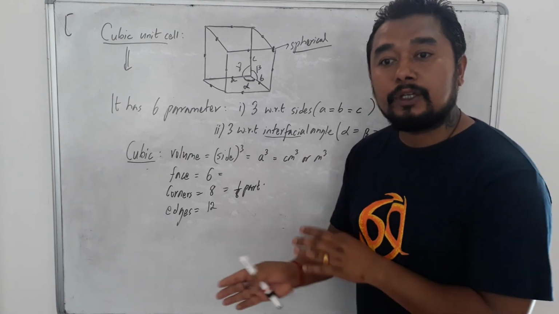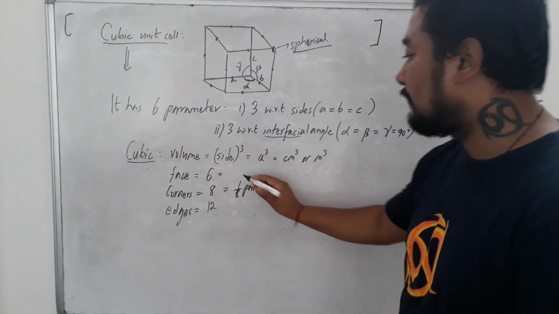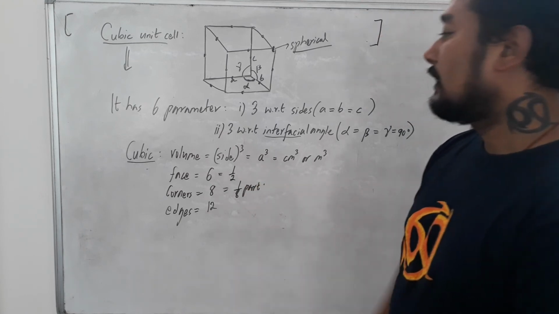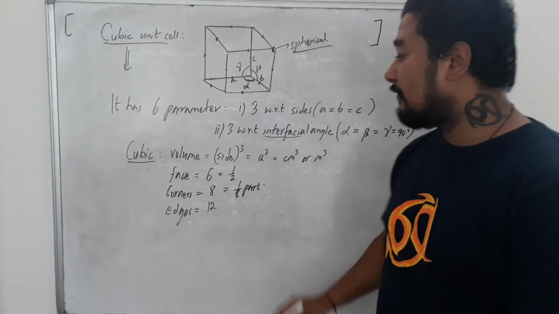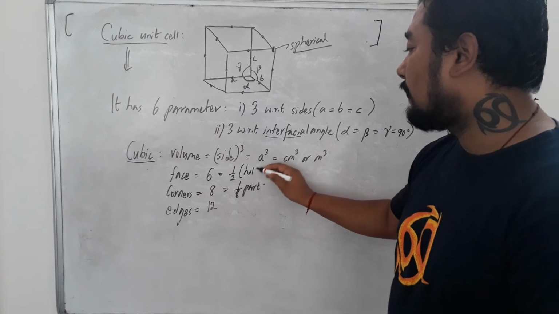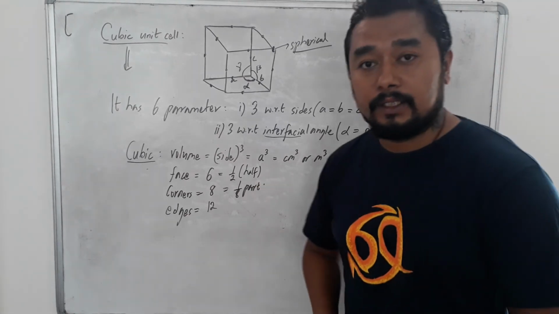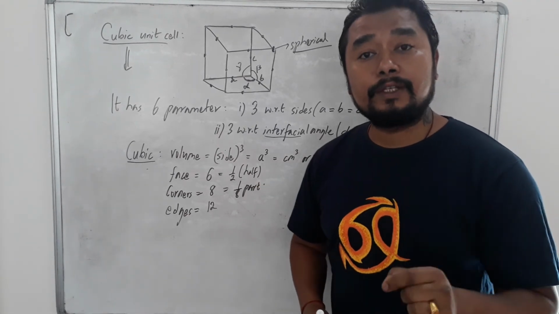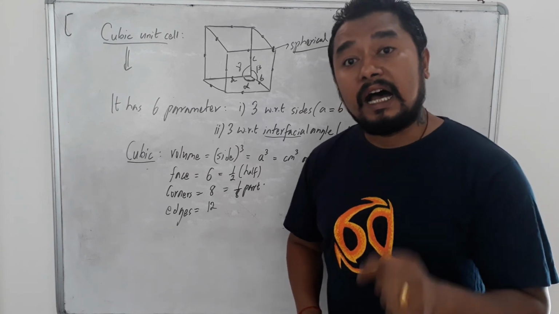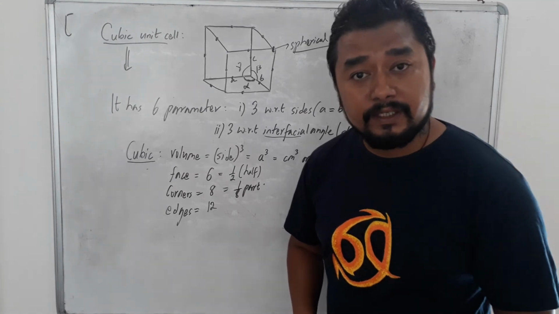So each room will share how much part of the football? Half. So do remember, each face will share half part of an atom. Do not forget this. I repeat again, each face will always share half part of the atom, and there are 6 faces.